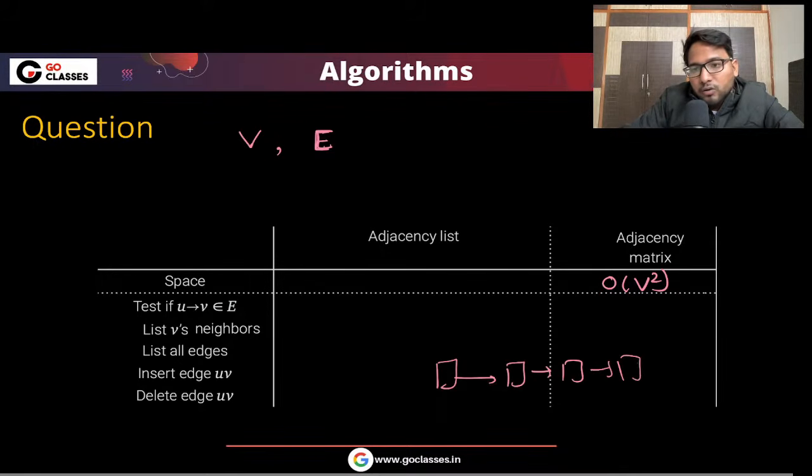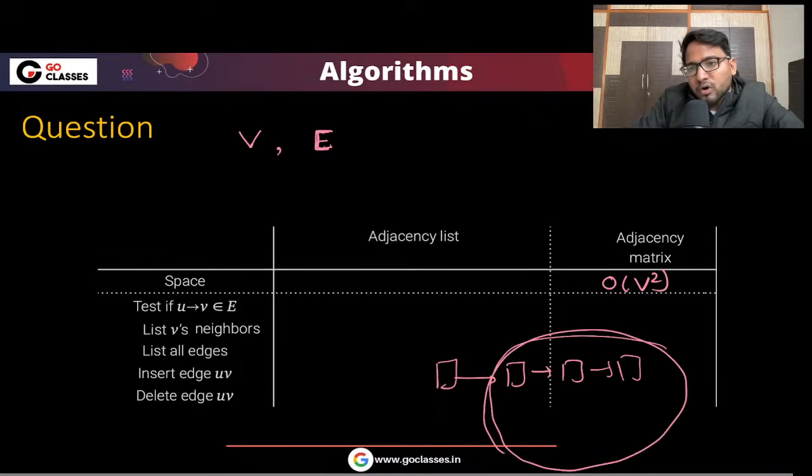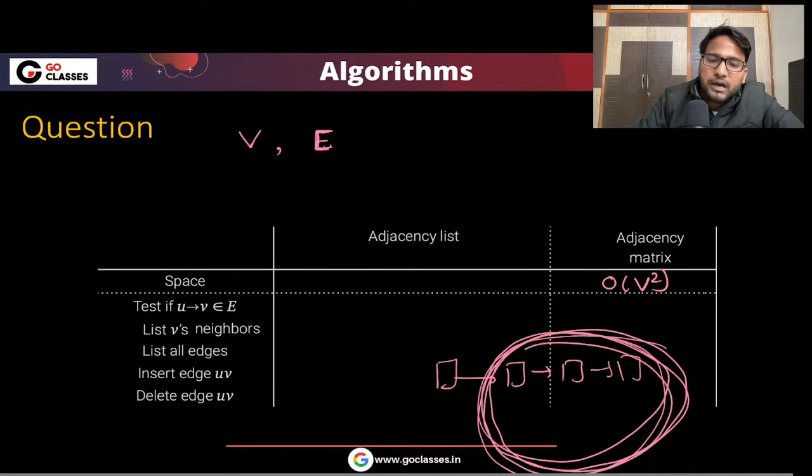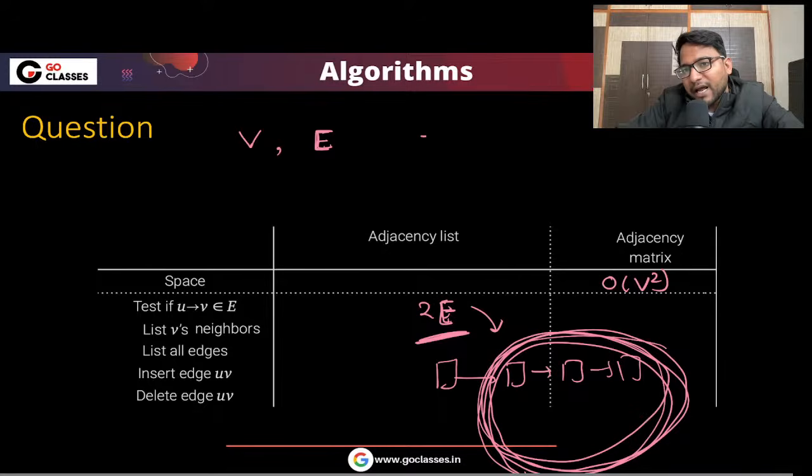So how much space do all of these take? It is 2E. In case of directed, actually it will be E. In case of undirected, we have 2E. Anyway, it doesn't matter. In case of directed, one edge is contributing only to one node, so it will be E or 2E, which doesn't matter in the asymptotic sense. So I'm writing 2E.